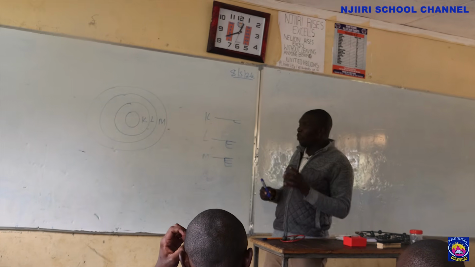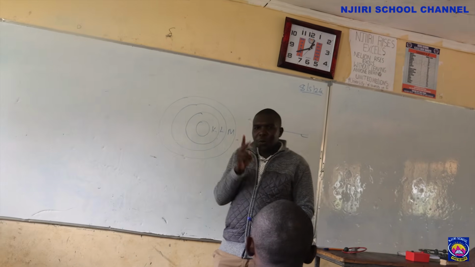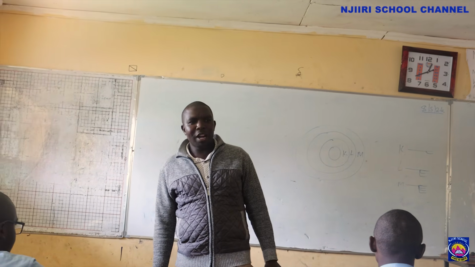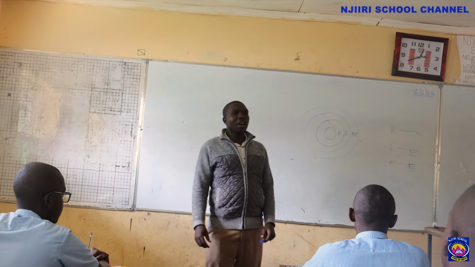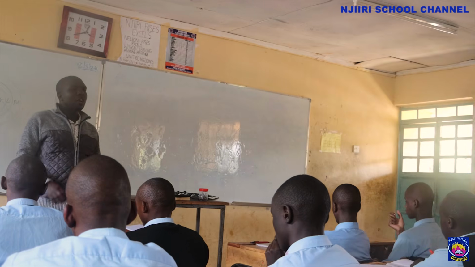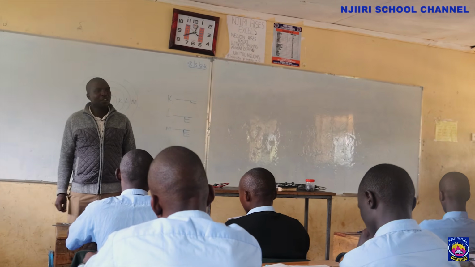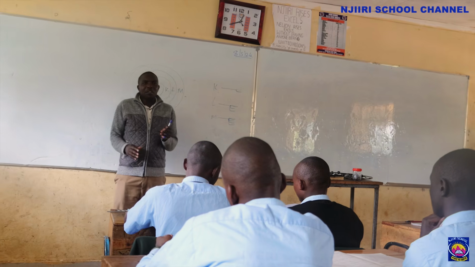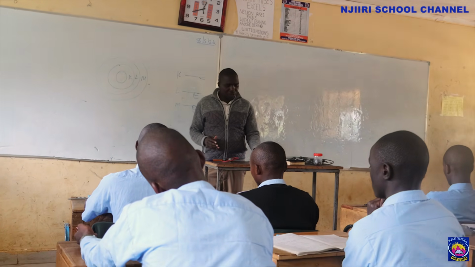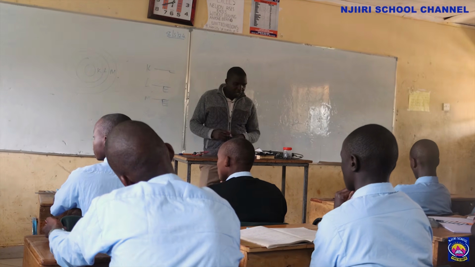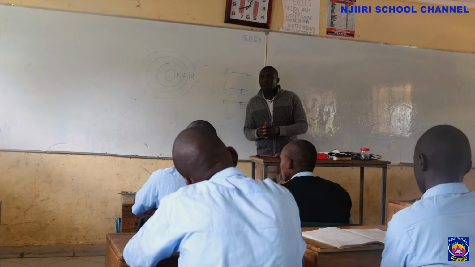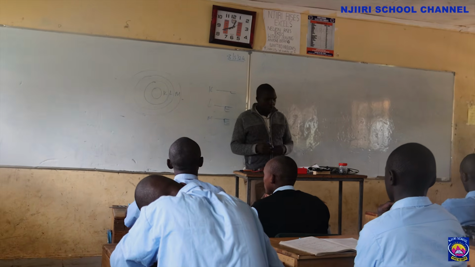Now, when we talk about electronics, we have two important bands. Which one and which one? The most important bands in electronics are the valence band and the conduction band. The interaction and the interband energies will determine the electrical and optical properties of a material.